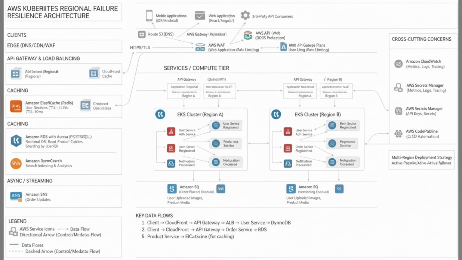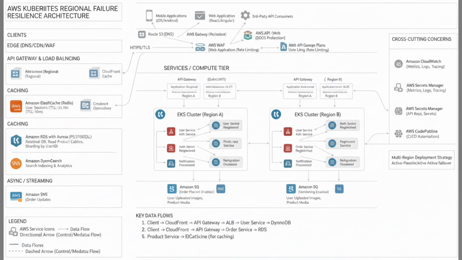For caching, we utilize Amazon ElastiCache with Redis to store user sessions and product details, enhancing performance significantly. Important data resides within Amazon RDS using Aurora for relational needs, featuring read replicas across availability zones for read scalability and reliability, and sharding for efficient data management.